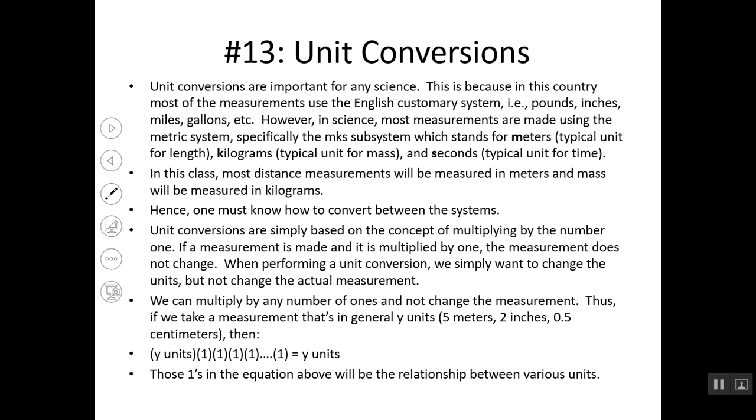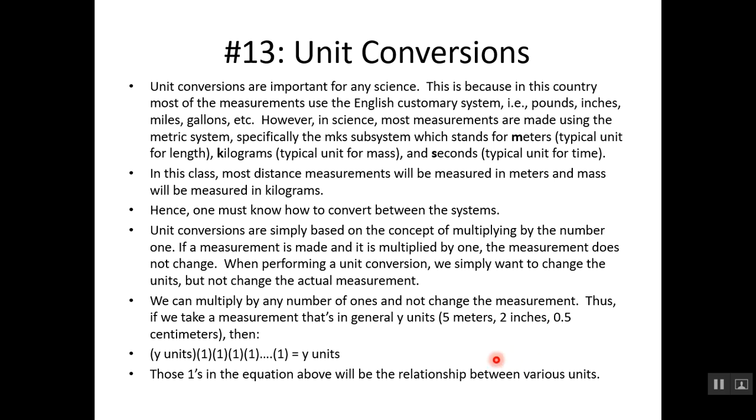So, of course, in this country we use backwards units. We use feet and miles, and Fahrenheit, and all this stuff that no one else uses. So you need to know how to convert between our system and, of course, the metric system. Everything that we do in this class is going to be using the metric system, not the English system.